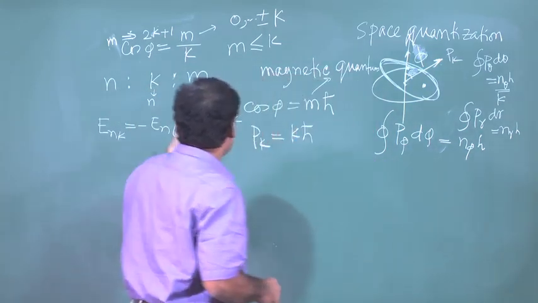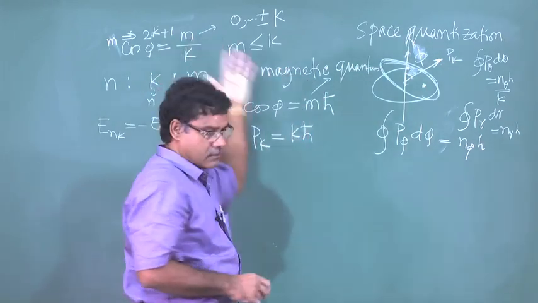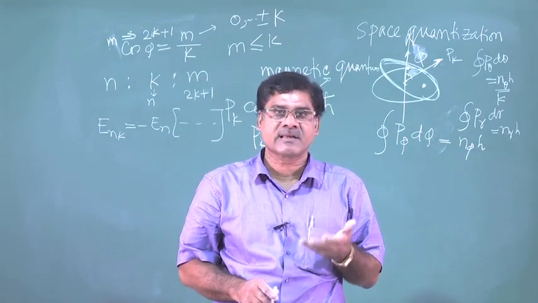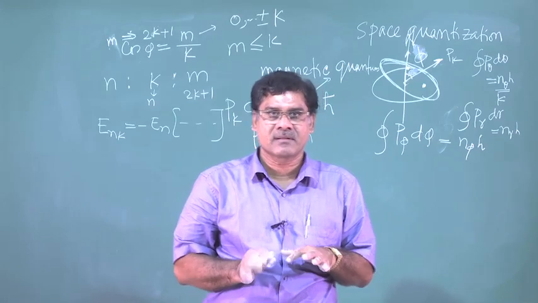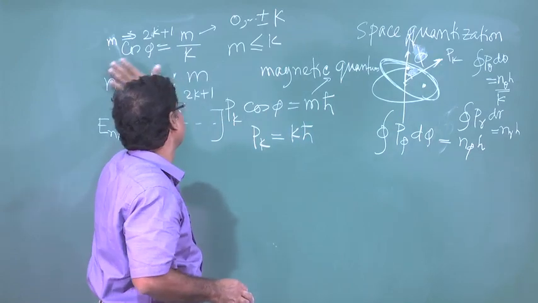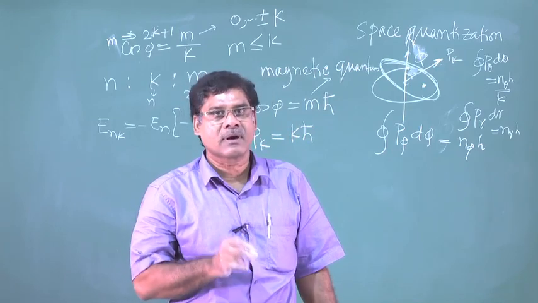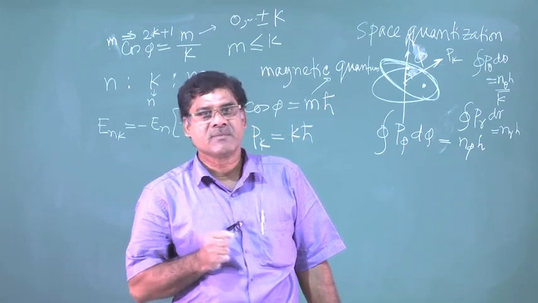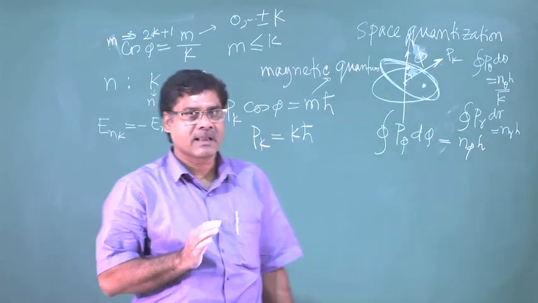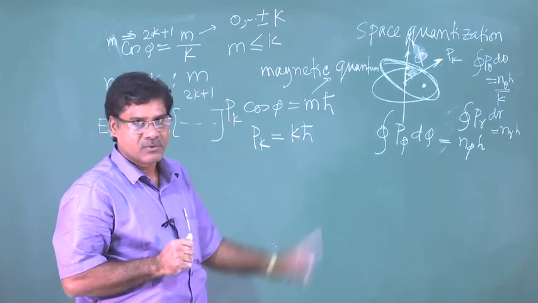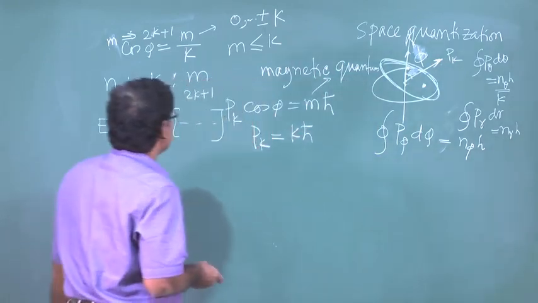So the sodium D1, D2 lines and the hydrogen H alpha line, the fine structure of hydrogen H alpha lines, have nothing to do with the space quantization. But this space quantization was able to explain the normal Zeeman effect. It was not able to explain the anomalous Zeeman effect, which we will see later on, but it was able to explain the normal Zeeman effect. How? That is what I want to discuss.